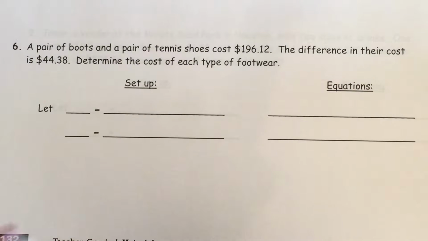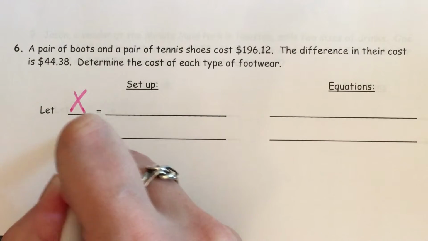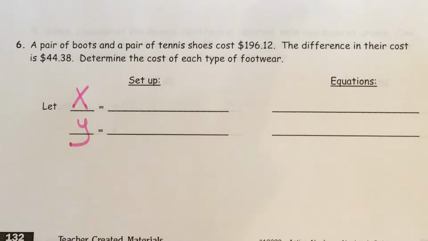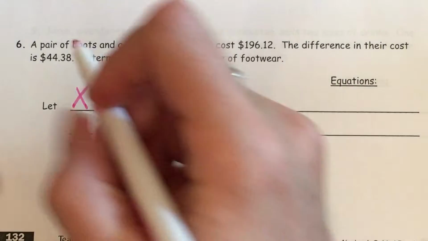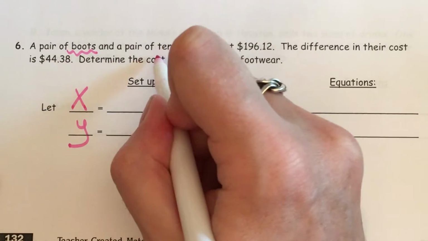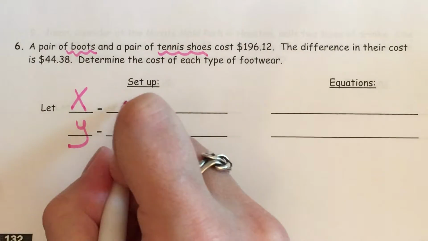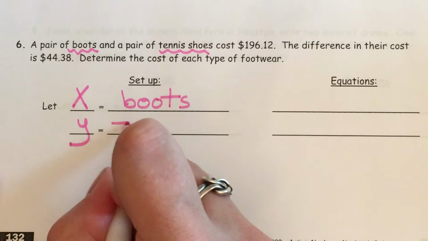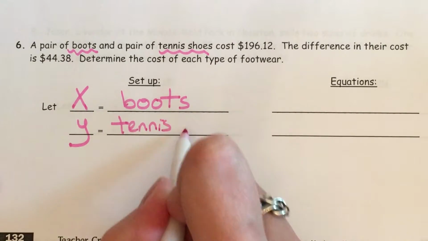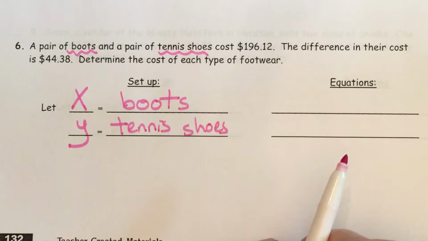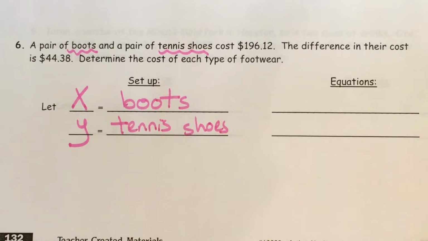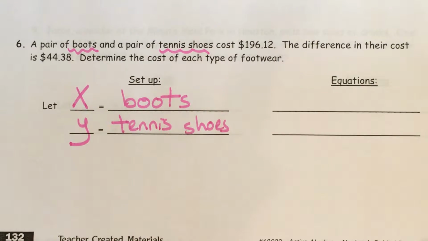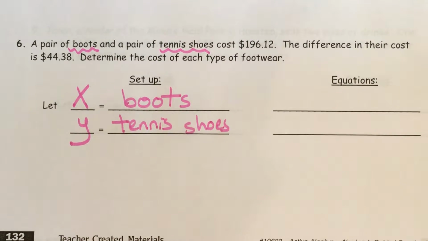Determine the cost of each type of footwear. All right, so I have X and Y. What is being compared? Boots and tennis shoes. Now, these sentences are a little bit different.